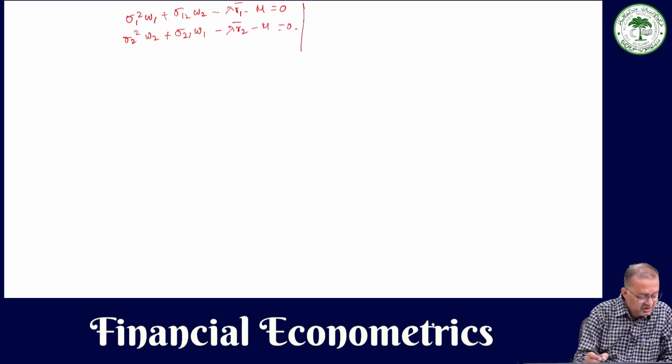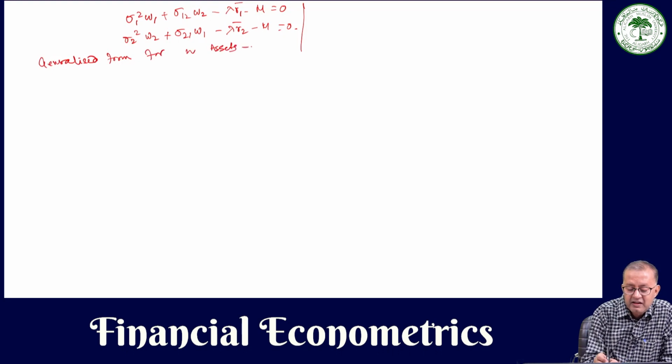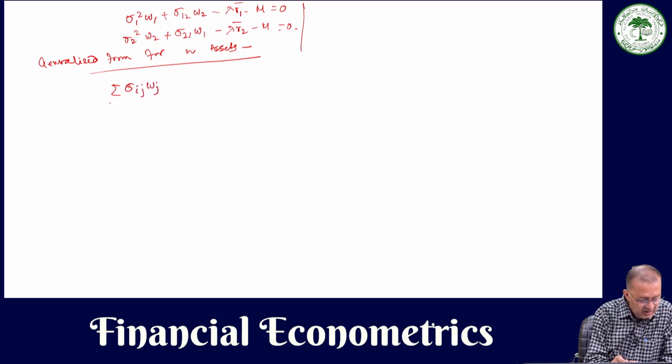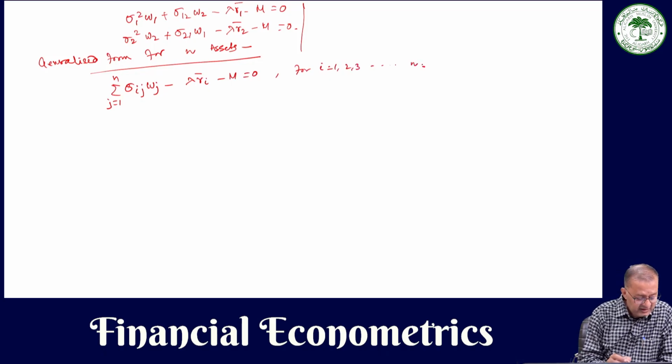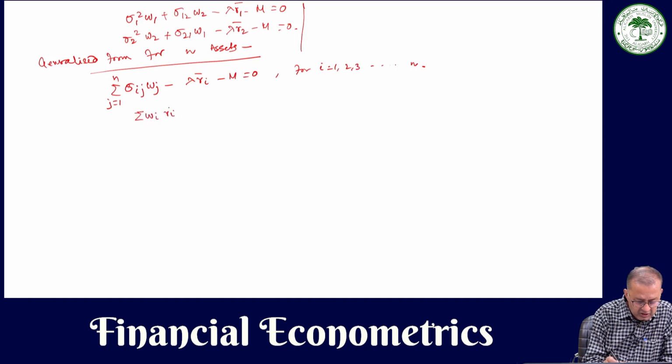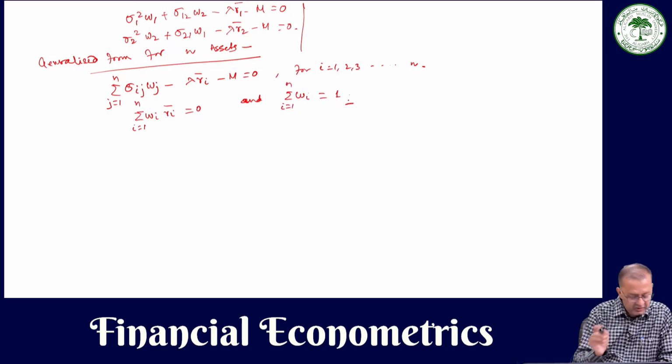The generalized form of this equation, when we go for n assets, we can write like this: sum over j from 1 to n of sigma ij wj minus lambda ri bar minus mu is equal to 0, for i is equal to 1, 2, 3 up to n, and sum of wi ri bar, i from 1 to n, is equal to r bar, and sum of wi is equal to 1.